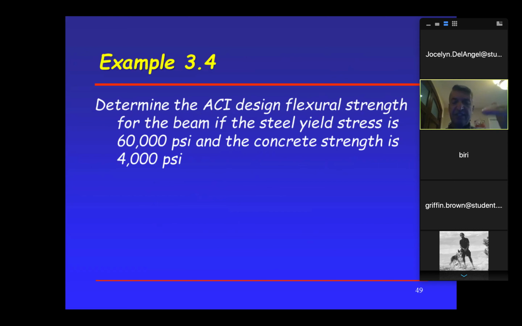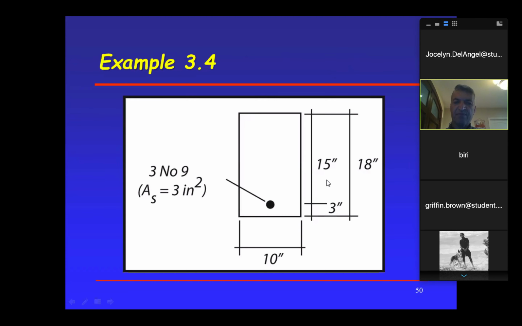3.4. You notice every one of those examples is a different row, different value, to illustrate what you can and can't do in the table, in the graph. 3.4, same thing, design flexure strength, 4,000, 60,000. The only thing is we have a different beam.